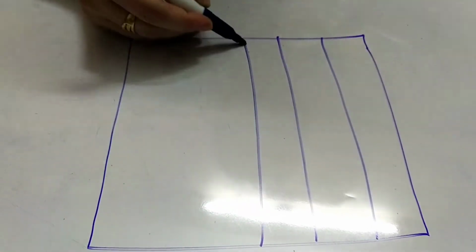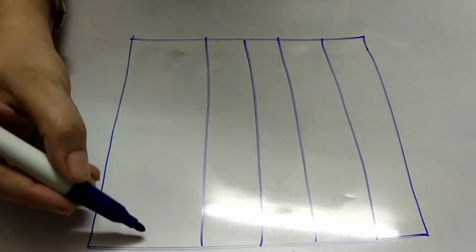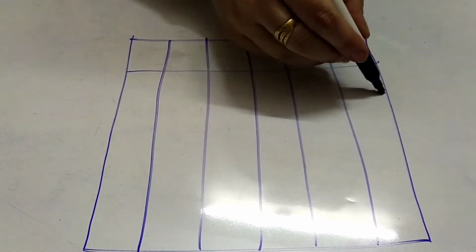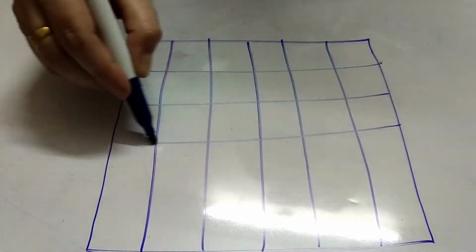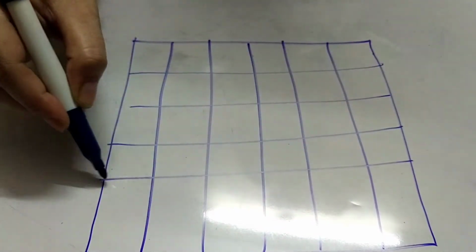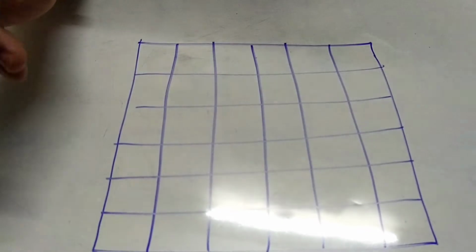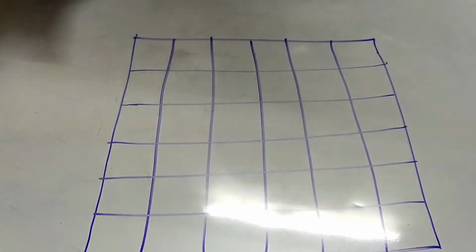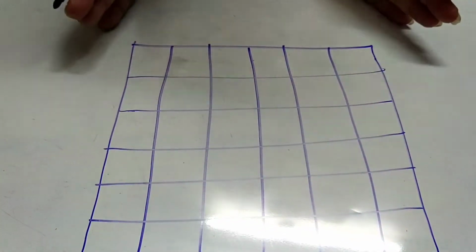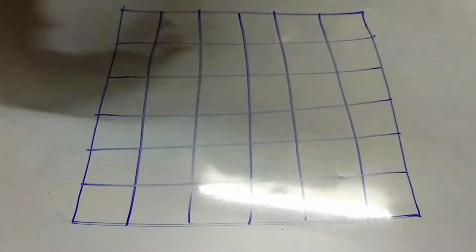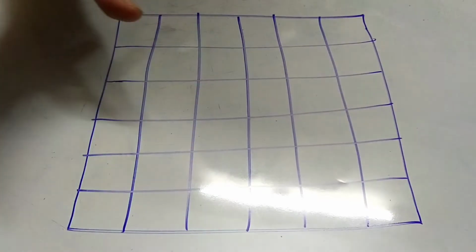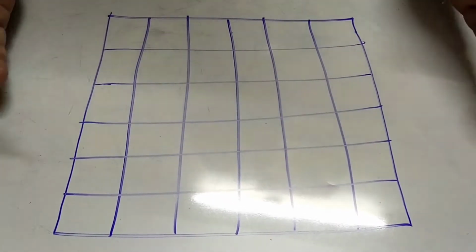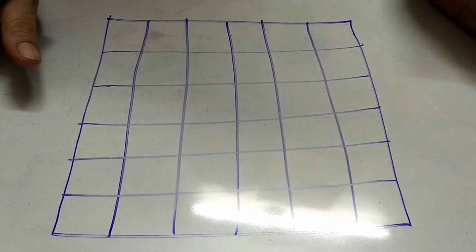There are some lines horizontal and some lines vertical on your survey map. So what are these lines called? So here is a map with some vertical lines and some horizontal lines. And in geographical language, these are called northing and easting.